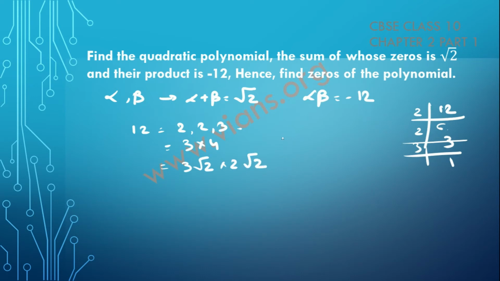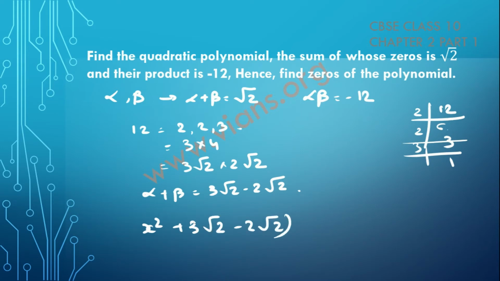That's 24. And that can be also written as, so alpha plus beta could be written as 3 root 2 minus 2 root 2. So hence, I could write this equation as x square plus 3 root 2 minus 2 root 2 x plus 3 root 2 into minus 2 root 2 is equal to 0.